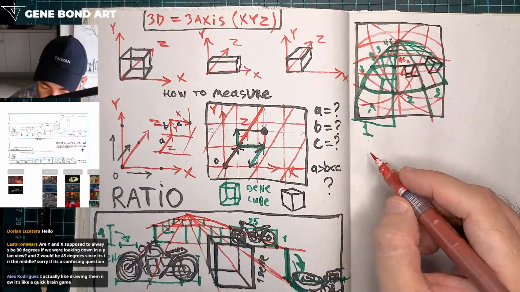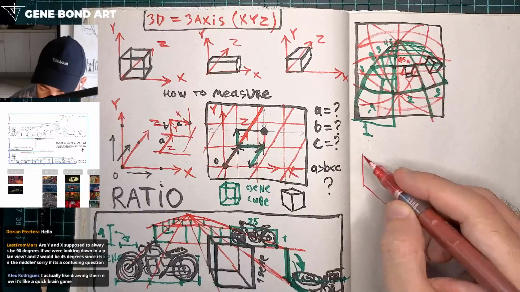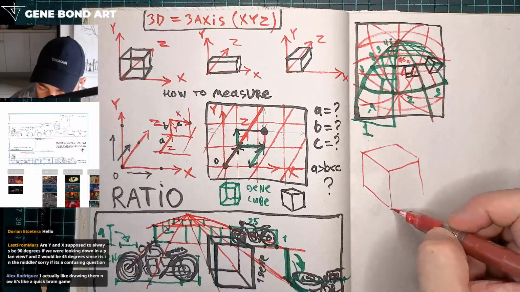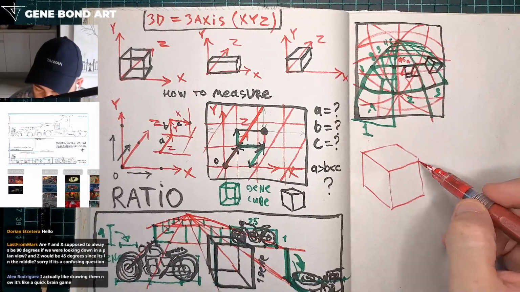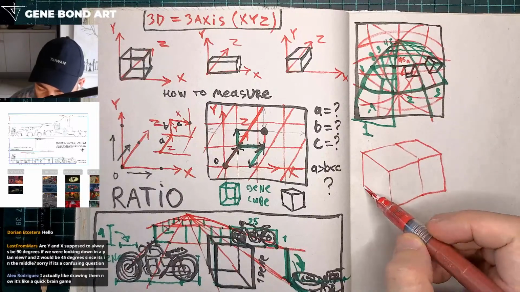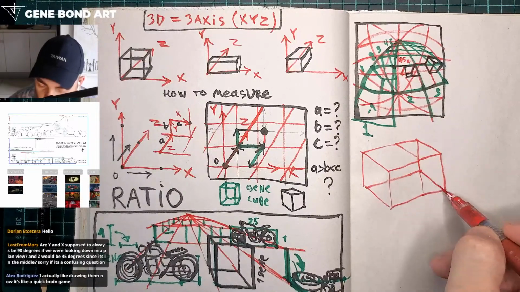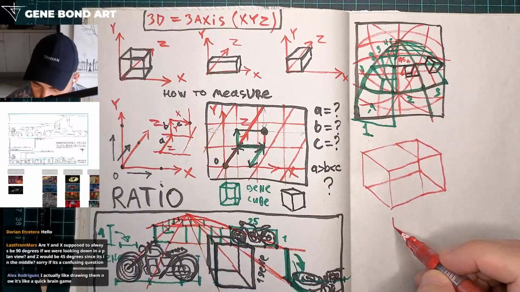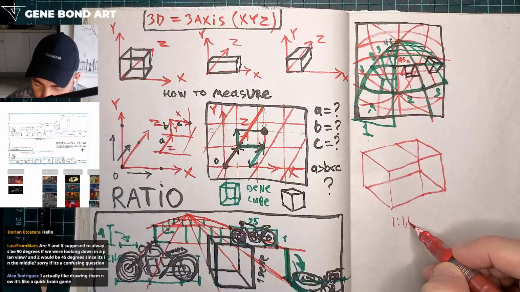So I have, let's say, 1, it's a cube, and then I make half of this cube. So now we have a room, an interior, whose ratio is 1 to 1.5, right?